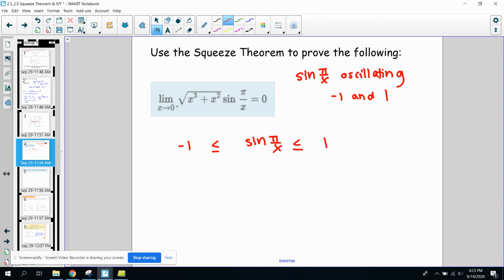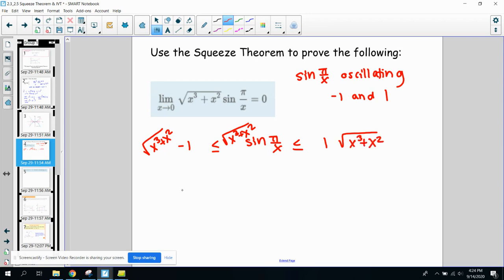Okay, we're missing this radical part, so I'm going to multiply everything by that radical. So square root of x cubed plus x squared, just pretend that that's in line. I'm going to multiply it over here too, and over here, square root of x cubed plus x squared.